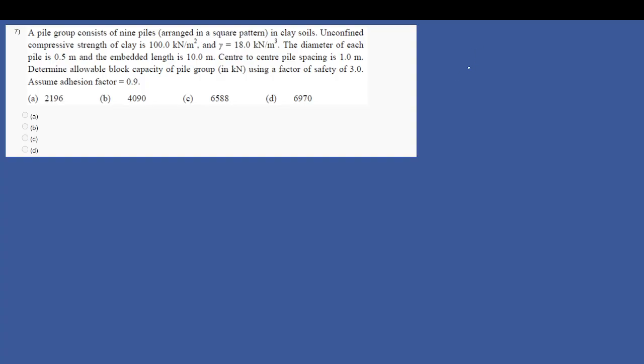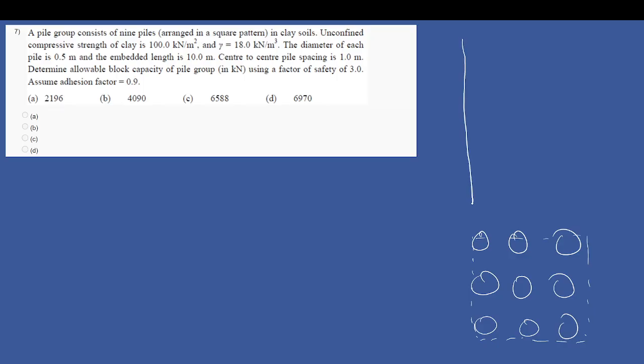So it has been given. Let's say you are having a pile group which consists of 9 piles: 1, 2, 3, 4, 5, 6, 7, 8, 9. So this is your top view, and let's see, you are having this thing.